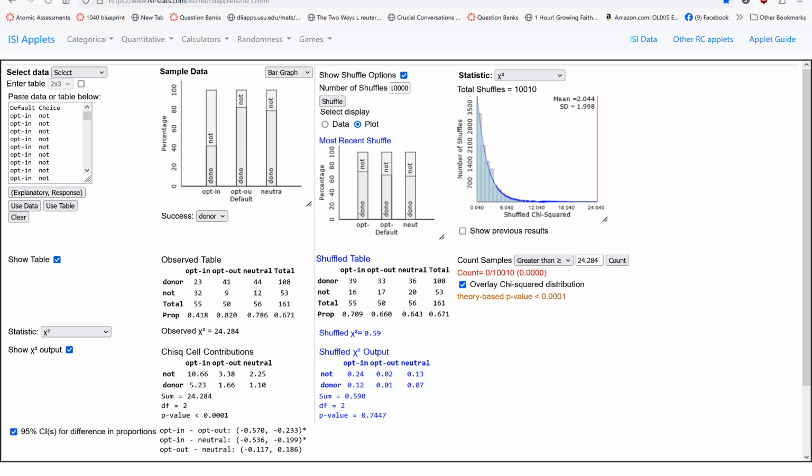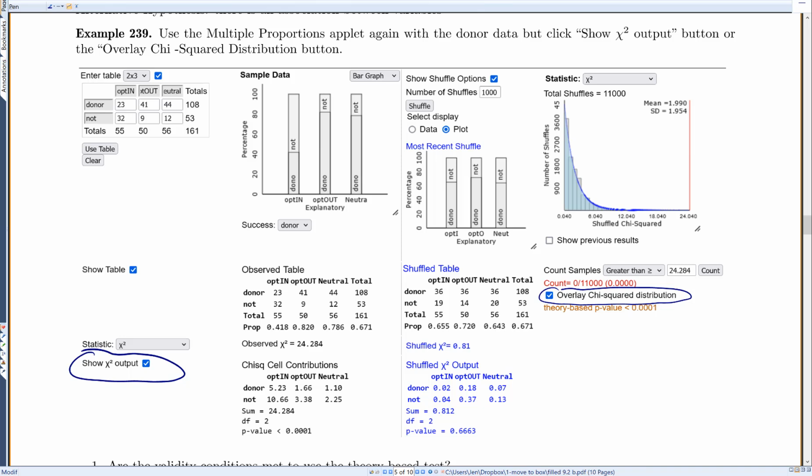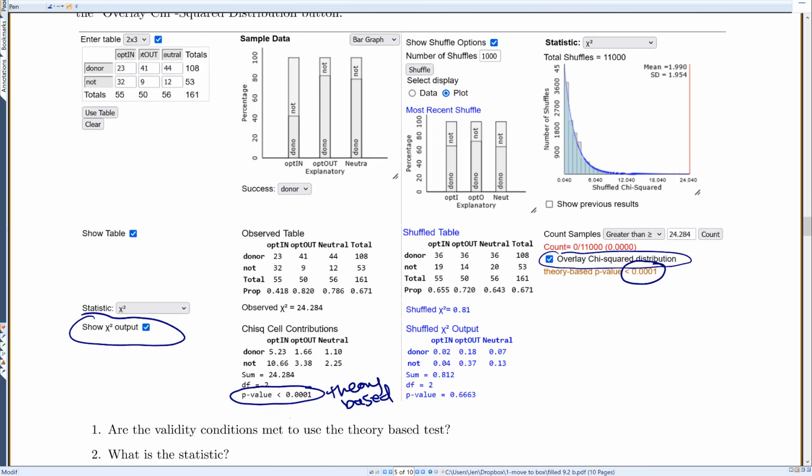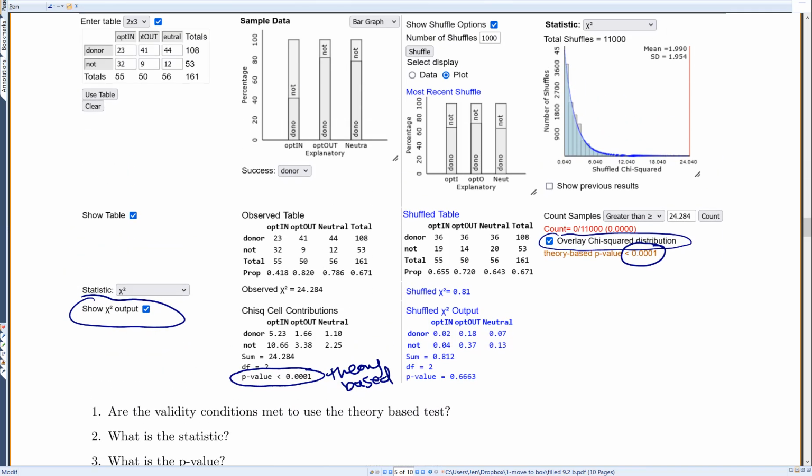So that tells you this is your theory-based p-value, and this is your theory-based p-value, so it will show it in both places. Our theory-based p-value is less than 0.001. But let's check first. Should we have used this? Are our validity conditions met?